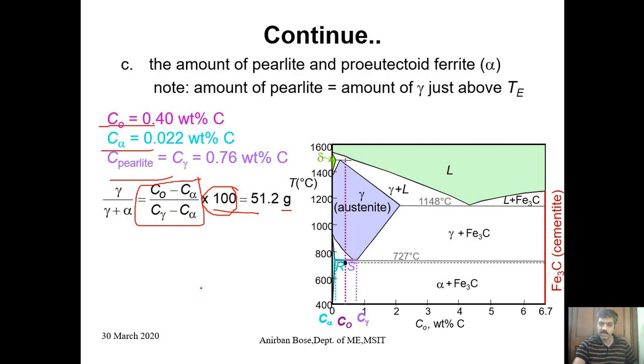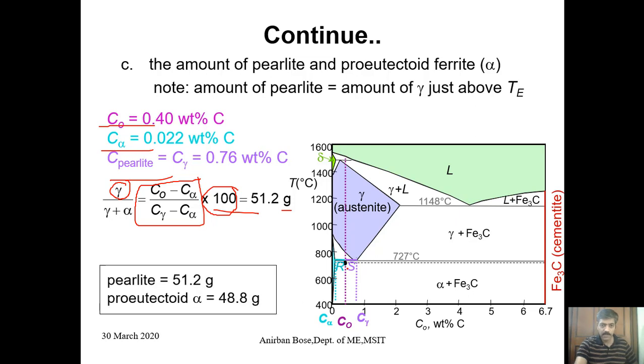And this is how much austenite is present, because how much austenite is present is the same as how much pearlite is present, because austenite actually converted into pearlite. So that is the pearlite fraction, and finally this is the pearlite amount. So pro-eutectoid alpha will be the remaining portion. Okay.